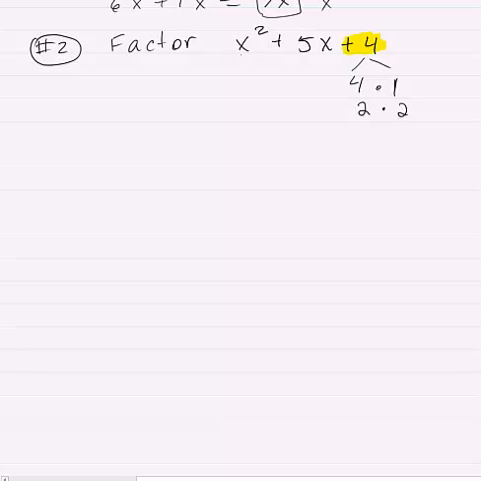Now, how do I begin? Every problem that has a trinomial that looks like this, you begin with the 2 binomials. You put the x in the first parenthesis, you put the x in the second parenthesis, that gives you an x squared, and now you try. Now, since you want to have plus 4, you can try first, let's say, 2 and a 2.